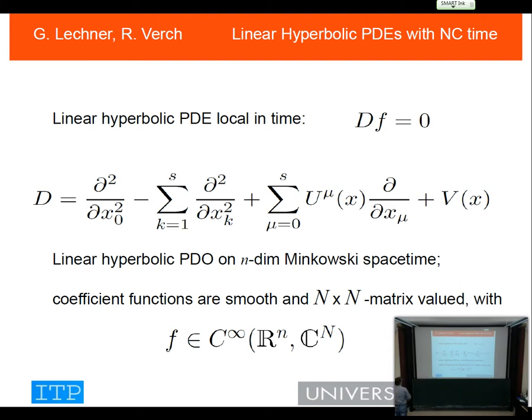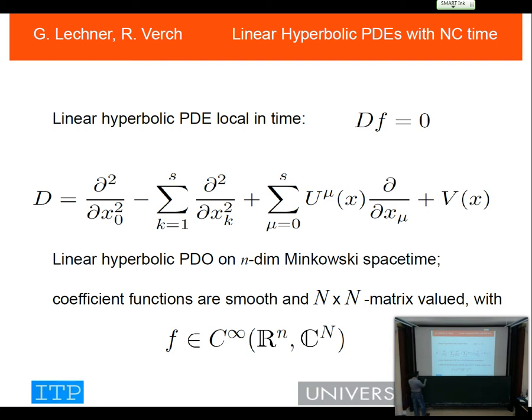that if you have such a differential equation, there are unique retarded and advanced fundamental solutions, and we use the general notation R plus and minus for advanced and retarded fundamental solution.